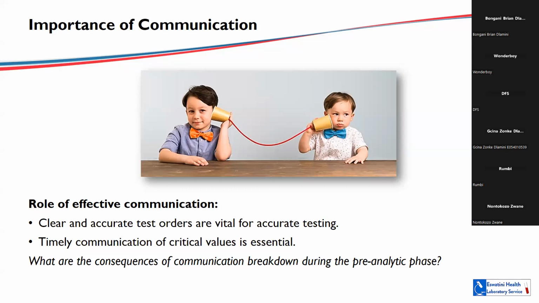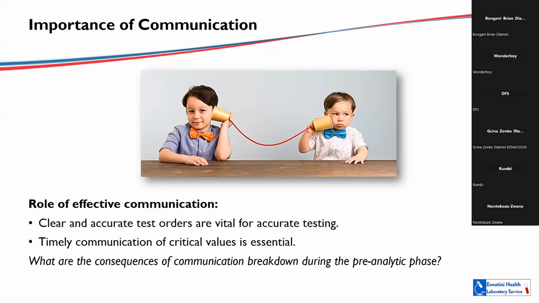Sometimes there will be samples that are urgent. Those need to be communicated, to say they need to be analyzed first before the routine ones. If they are not communicated, it can delay the treatment of the patient.